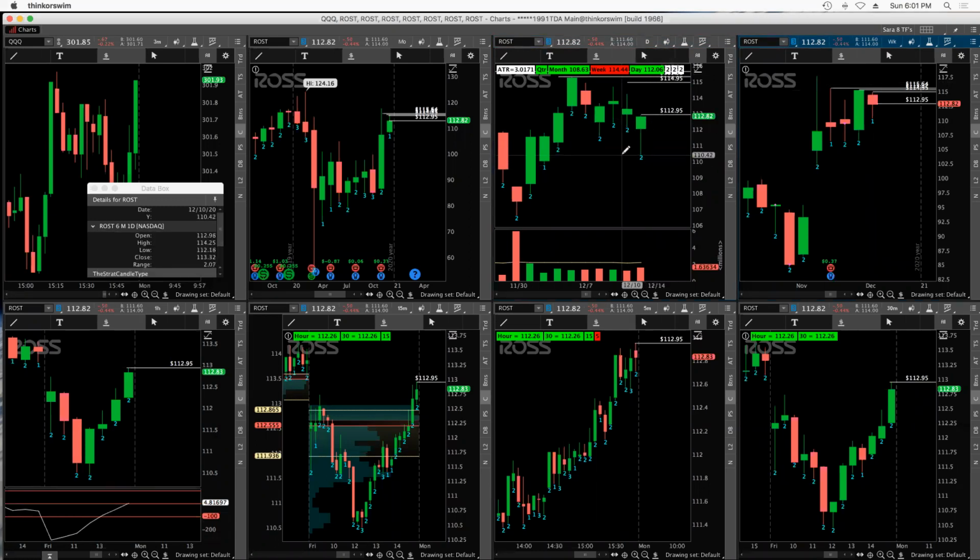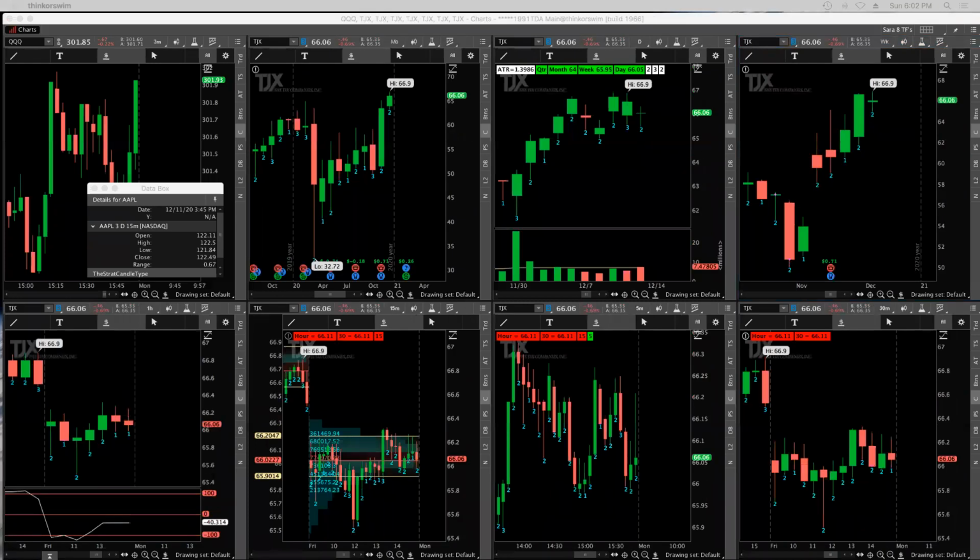I've never traded it, but definitely possible. So 112.95. It closes as a hammer right at the top. Whenever there's a big spread, I always get in with a limit order so I don't get killed, if it's a trade I really want to take.